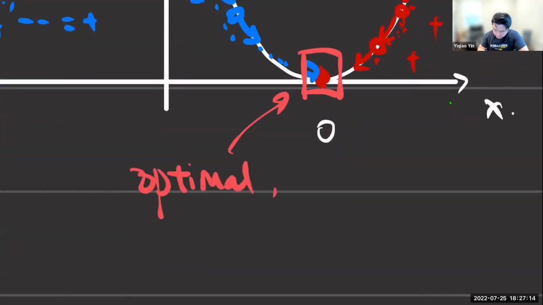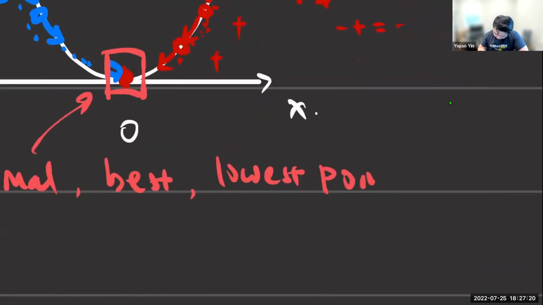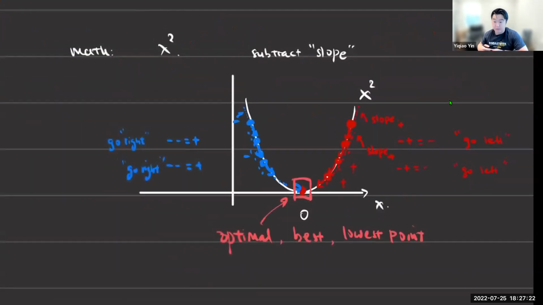Or sometimes people say best. Or sometimes people say lowest. They're essentially referring to the same thing, right? The optimal point, the best point, the lowest point, right? And guess what? In machine learning, that x squared is your loss function.